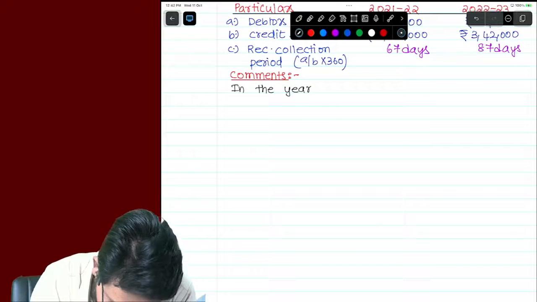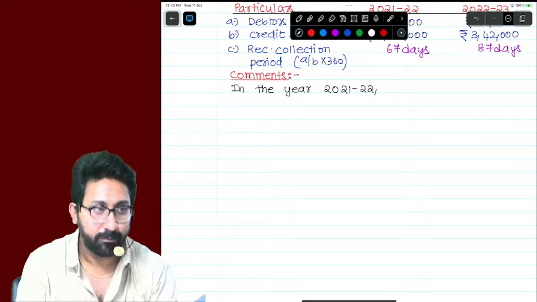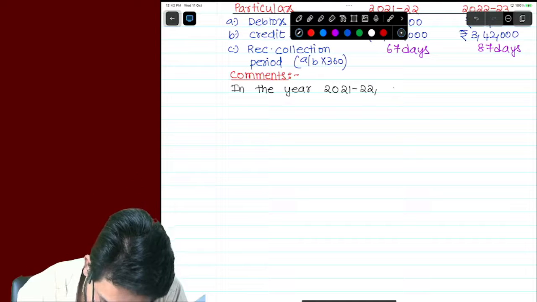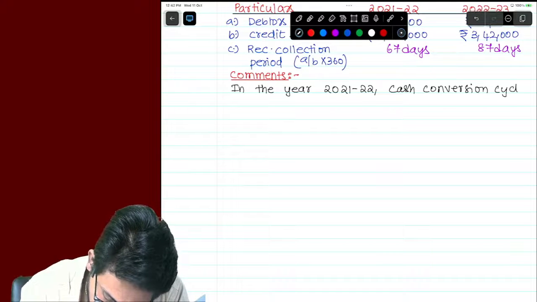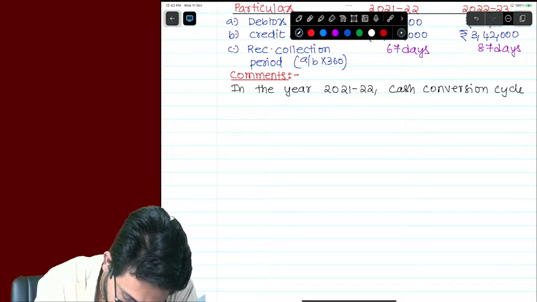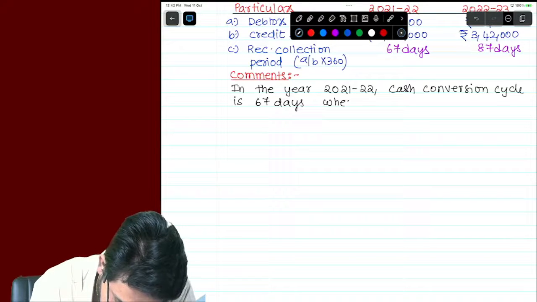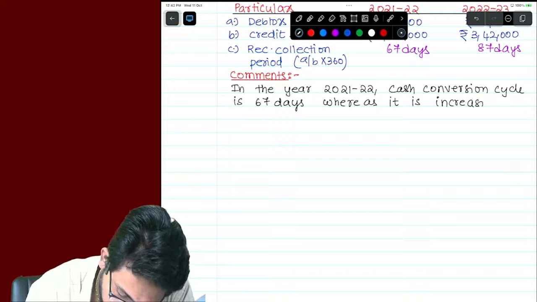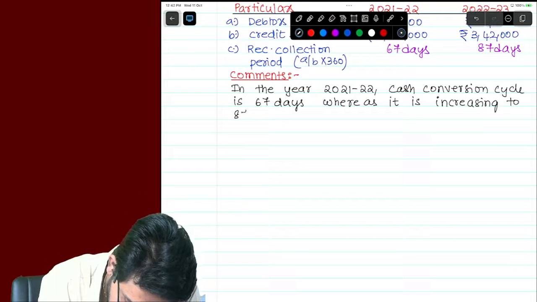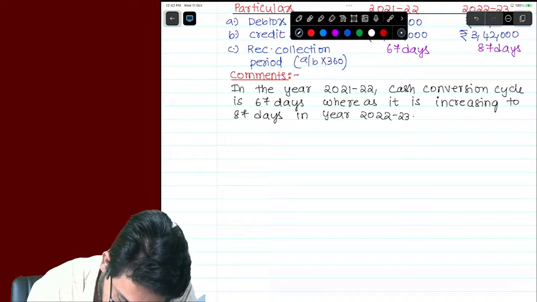In the year 2021-22, the cash conversion cycle was 67 days, whereas it increased to 87 days in the year 22-23.